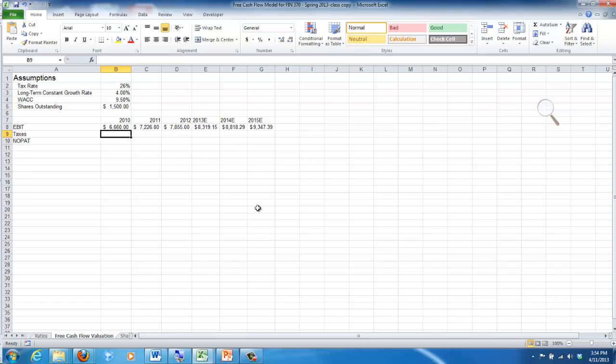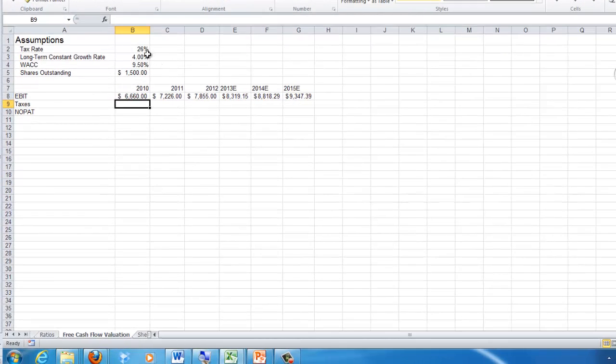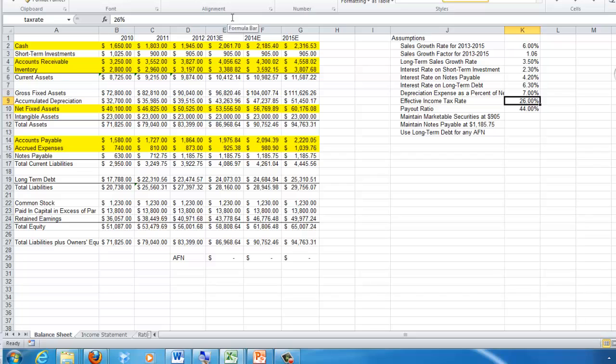My tax rate is going to be equal to 26%. Here's a little trick. I think I probably showed you it before, but I'm just going to name this tax rate. Oh, well, I've already done that. All right. So I've already named a tax rate.